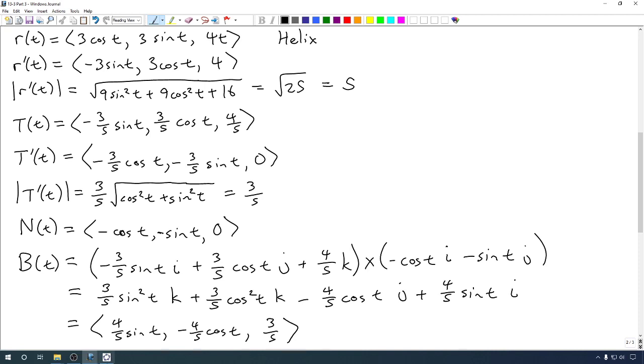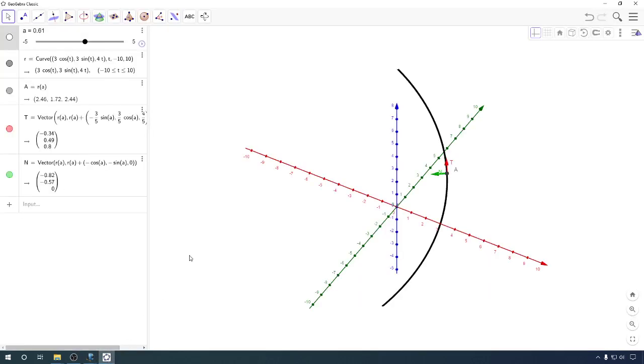Let's go ahead and plot that vector. So B here is going to be the vector that starts at our r of a and then ends at r of a plus our formula for our binormal. So we have 4/5 sine of a, then a negative 4/5 cosine of a, and then finally just 3/5.